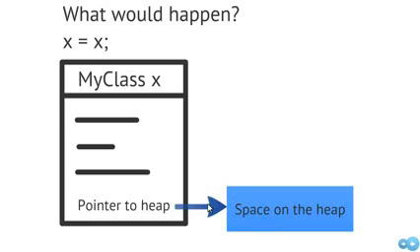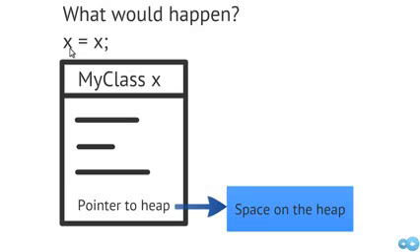Typically, we would deallocate the heap space associated with what we had on the left-hand side, so that we could allocate or assign the heap space associated with whatever we have on the right-hand side, whatever this my class object may be pointing to out there on the heap.